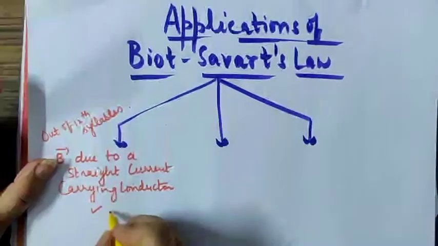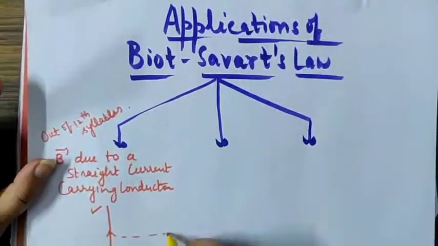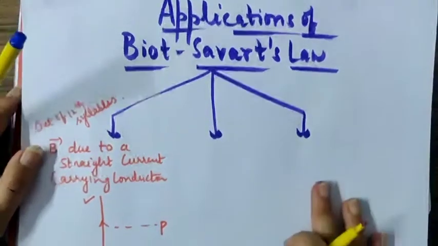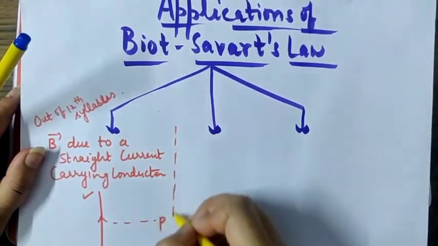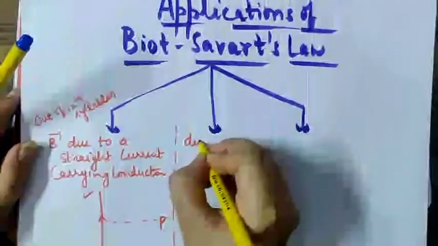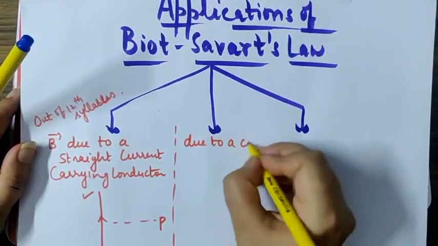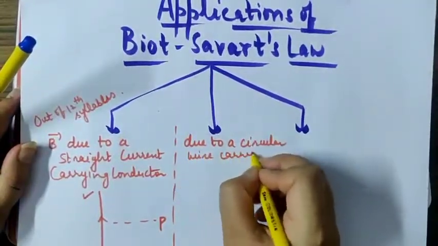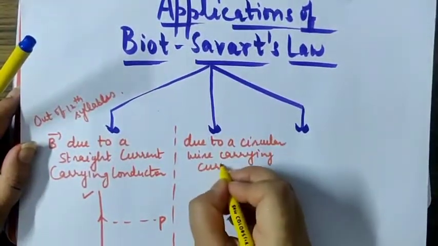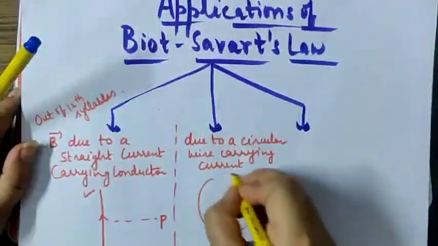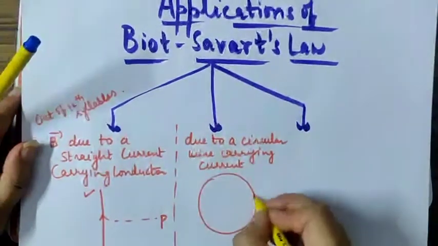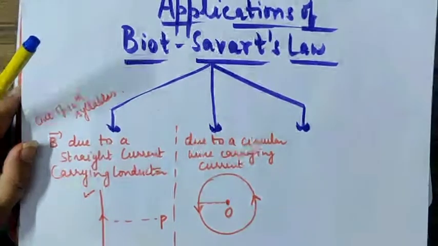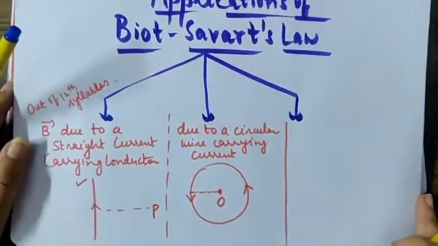If you need to find the value of magnetic field at point P due to a straight wire, this is out of syllabus, but we'll learn its formula. Then the second application is due to a circular loop, a circular wire carrying current. Suppose this is a current carrying wire loop, current is flowing here, and what will be the value of magnetic field at its center? We'll discuss that also using the Biot Savart's law.